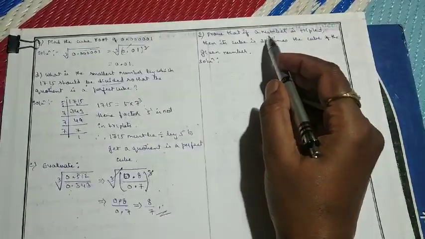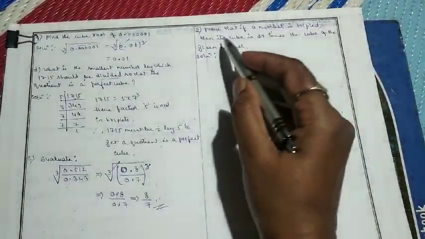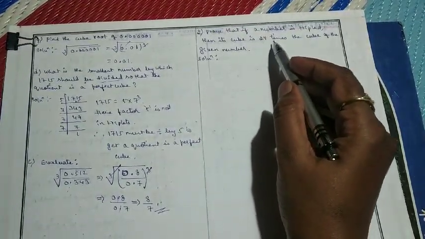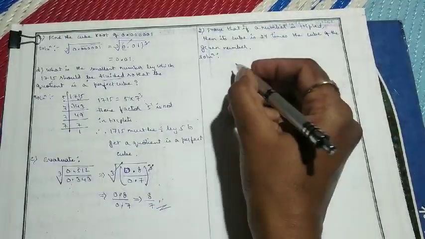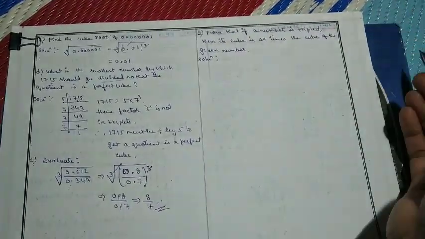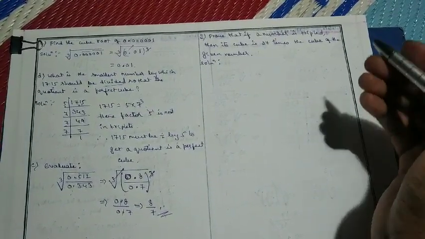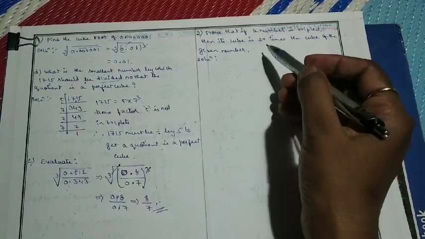Prove that if a number is tripled, then its cube is 27 times the cube of the given number. So here we have to assume let a number be x, and tripled number becomes 3x. Then we have to show its cube is 27 times the cube of the number.